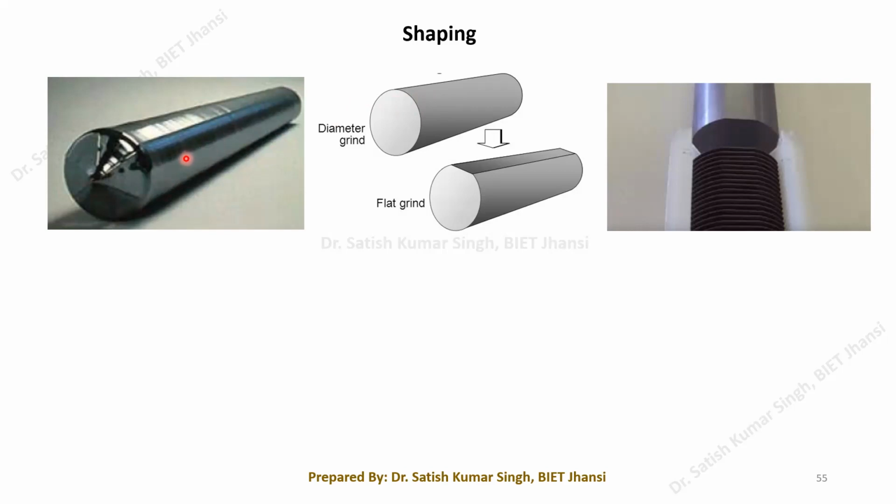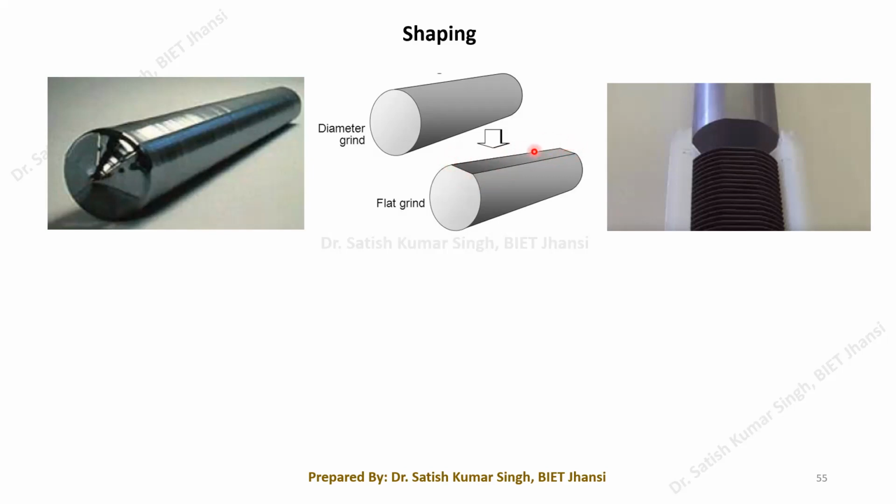So once we get the uniform diameter of this particular ingot, then we need to make certain flat regions, which is shown here in the picture. We need to make certain flat regions along the length of our ingot.